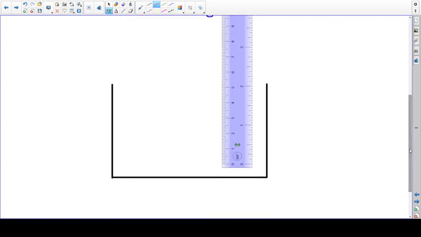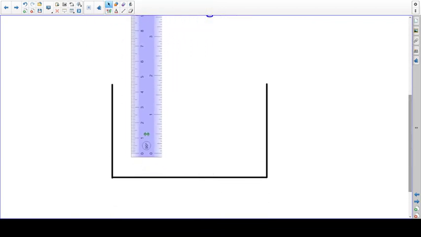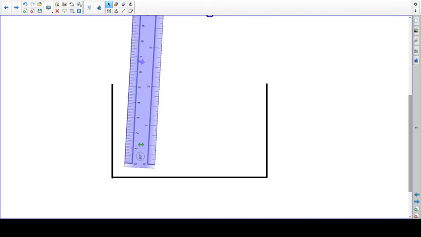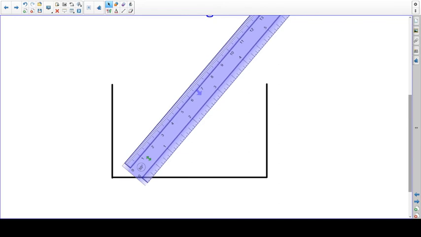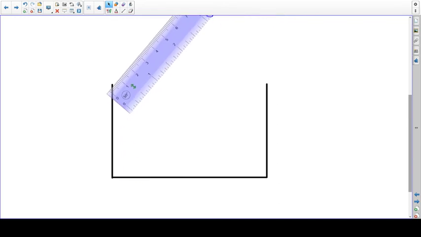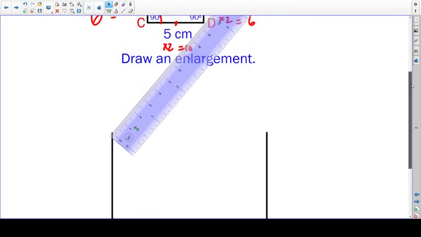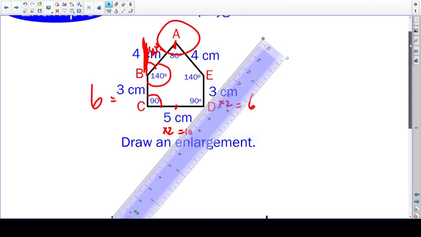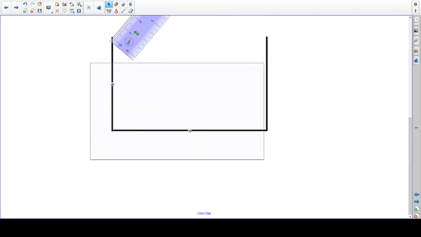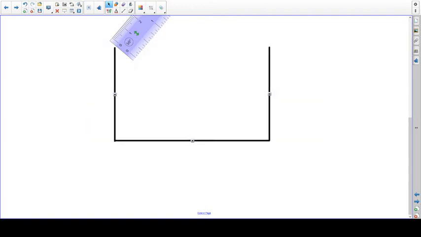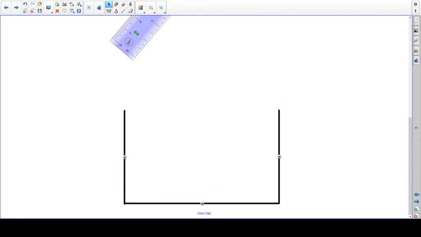So, gonna take my ruler, gonna deviate 40 degrees, so you're gonna have to get a protractor. Make sure you find out what 40 degrees is, and we're gonna go in this direction. And what I see here is it's 4 centimeters. Now again, I got to move this down, otherwise I'm not going to have enough room. Hopefully you do.